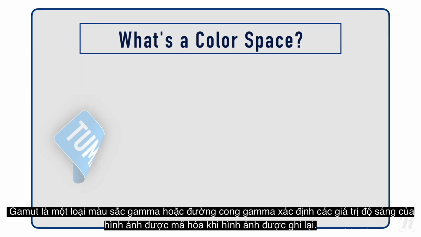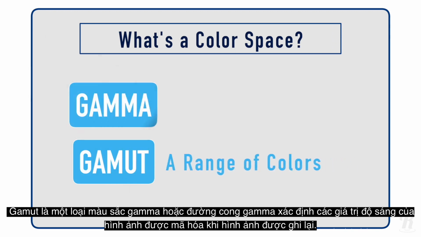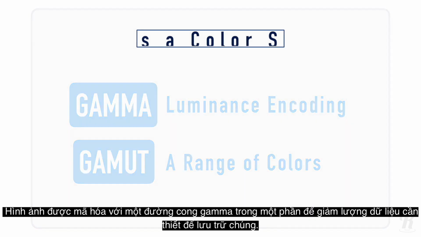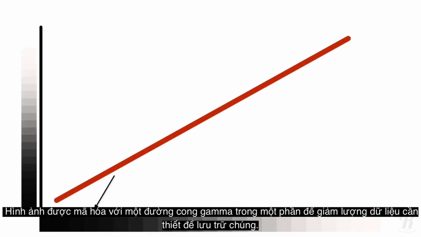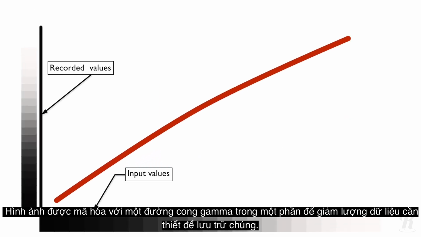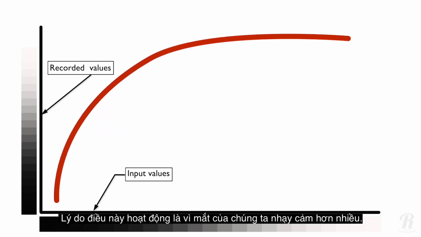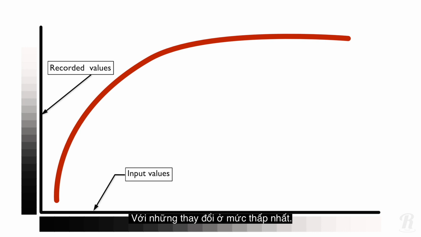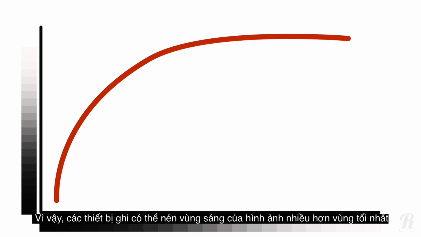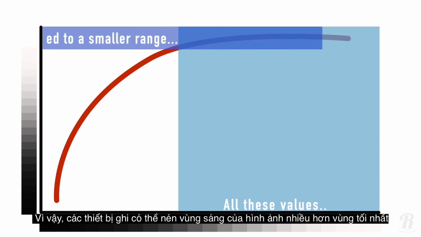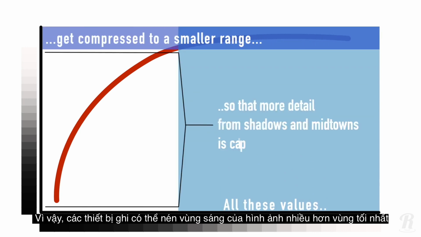So, gamut is a range of colors. Gamma, or the gamma curve, defines how the brightness values of an image are encoded when it's recorded. Images are encoded with a gamma curve in part to reduce the amount of data that's required to store them. The reason this works is that our eyes are much more sensitive to changes in low levels of brightness than high levels of brightness. So recording devices can compress the brightest areas of an image much more than the darkest.